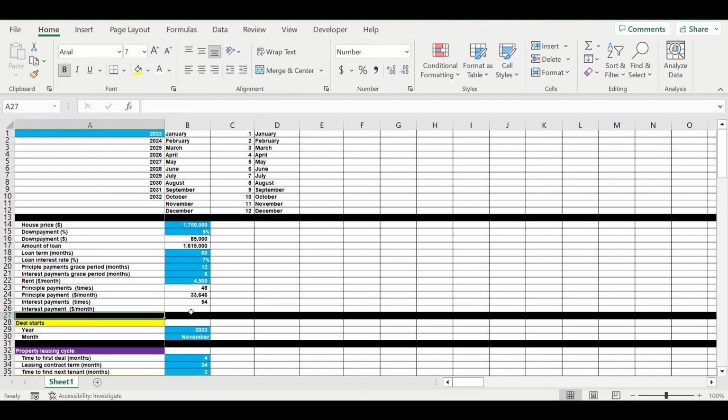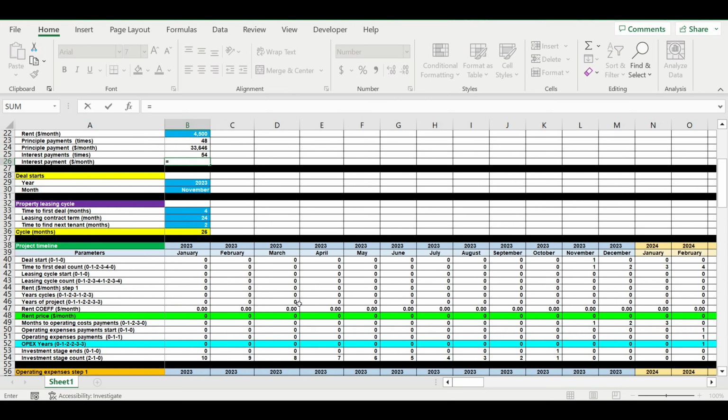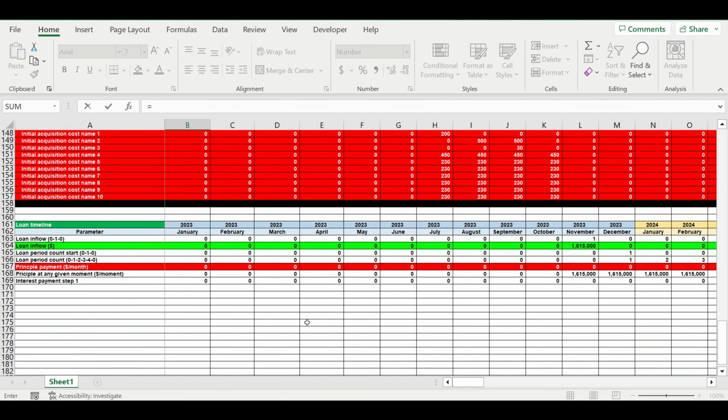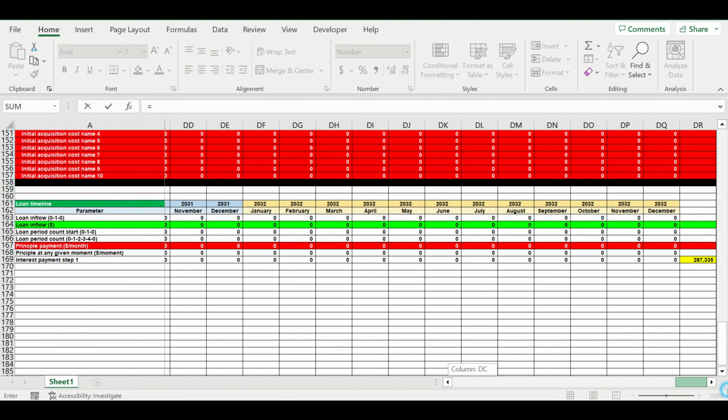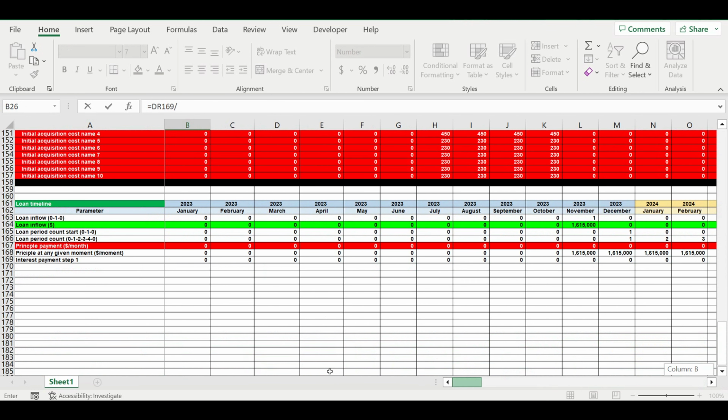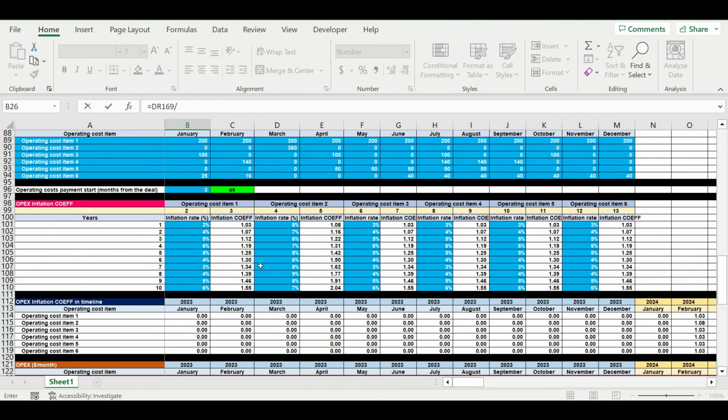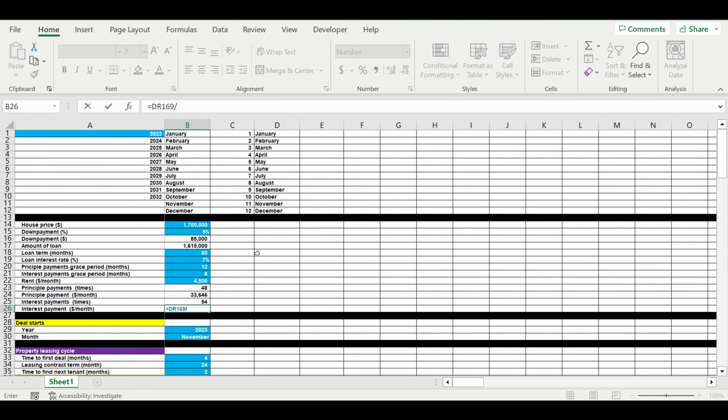So now we know the totals for all interest payments. So we have this value, and now we will divide this value by the amount of payments.